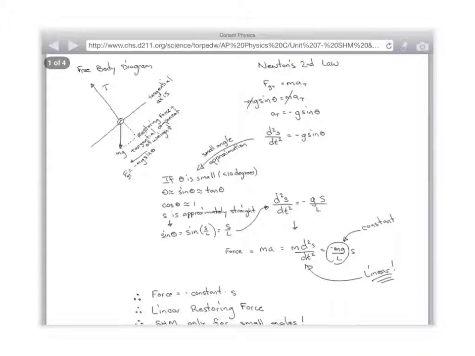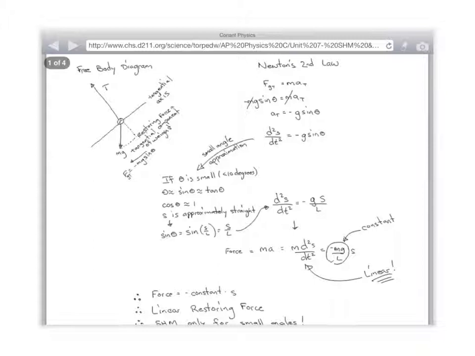Okay, does that equal negative g over L sine theta, or g over L times theta? Does the second derivative equal negative g over L times theta? Yes or no? Well, let's check it. Negative g over L times theta, but what was theta?